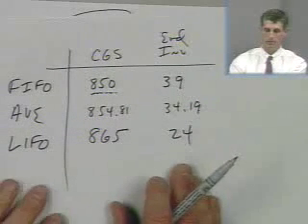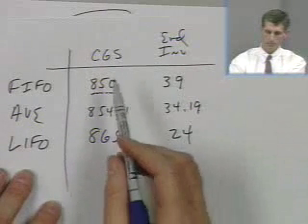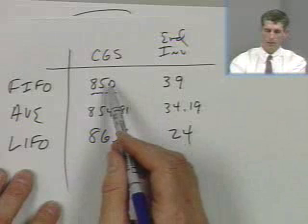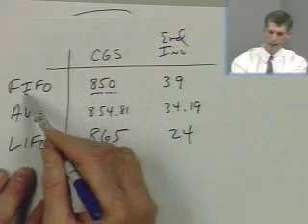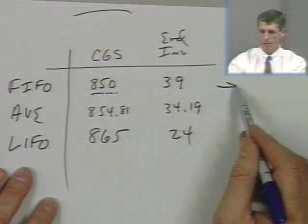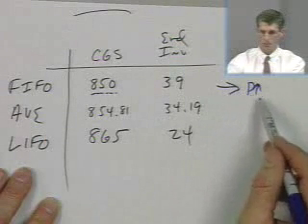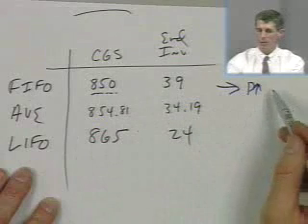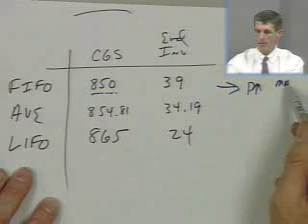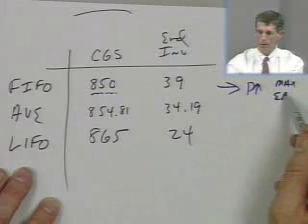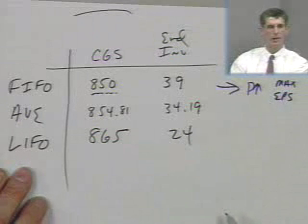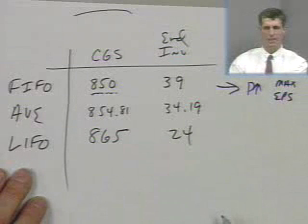You're exactly right, Dave. So in a period of rising prices, and I'll put prices going up, these are inventory prices, FIFO does what? It maximizes what? Earnings per share. Does that make sense?